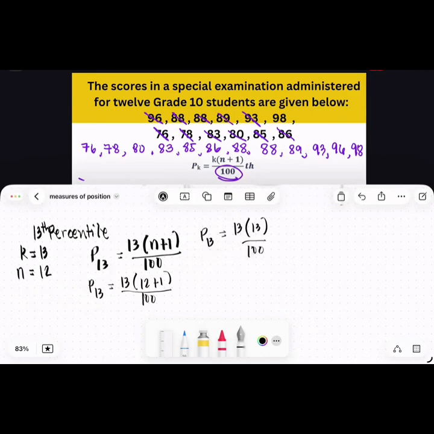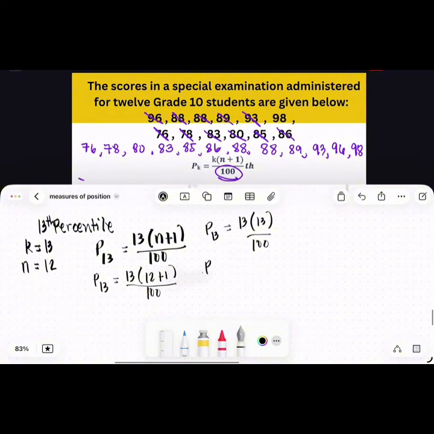Now, let's proceed with our multiplication. So percentile 13 is equal to 13 times 13, which is 169 over 100. Then, solving 169 divided by 100, percentile 13 is equal to 1.69.